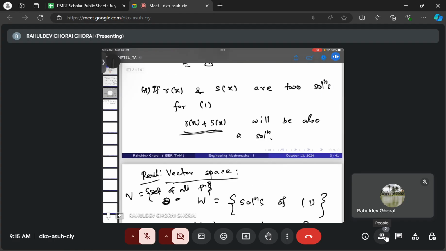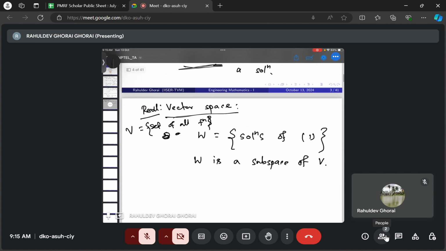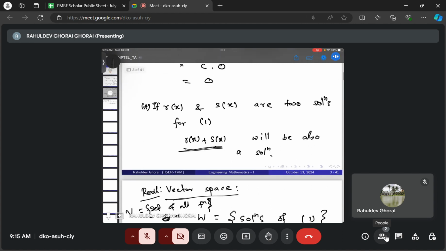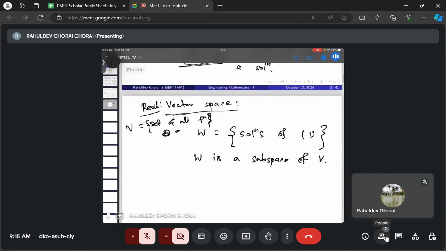If you take two elements R and S from W, that is, if R belongs to W, that implies Rx, where R is a function and Rx is a value, satisfies this equation.